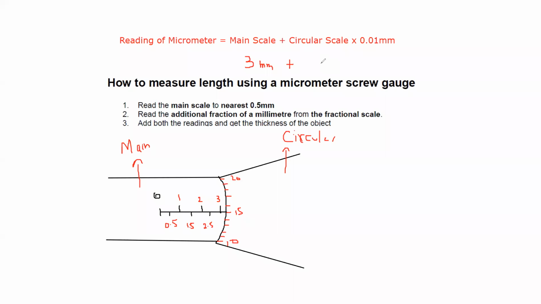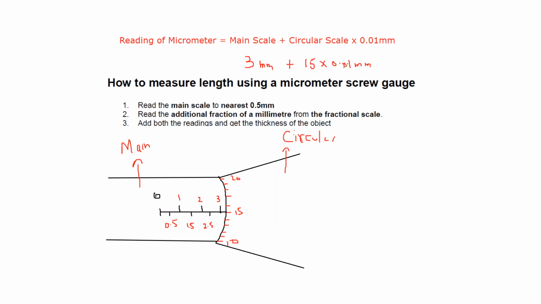Plus, what about the circular scale reading? So the circular scale reading is 15. We'll write it as 15 multiplied by 0.01 millimeter. Now, according to mathematics, first there should be multiplication, then addition.